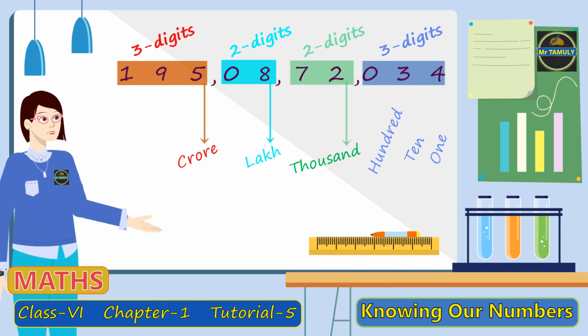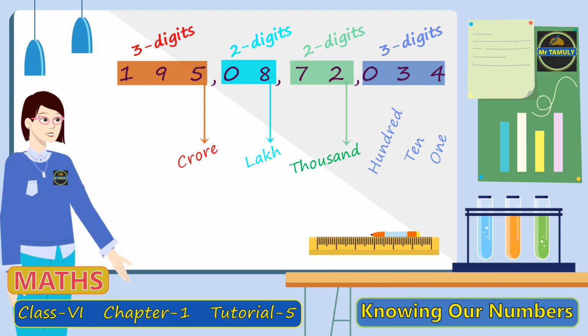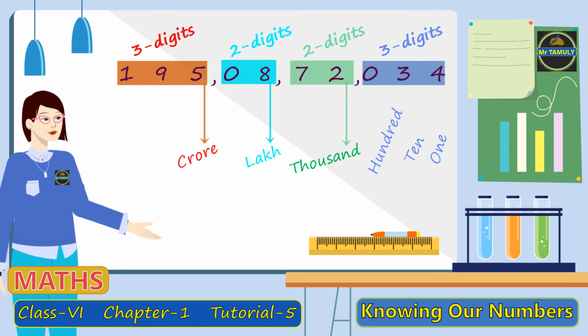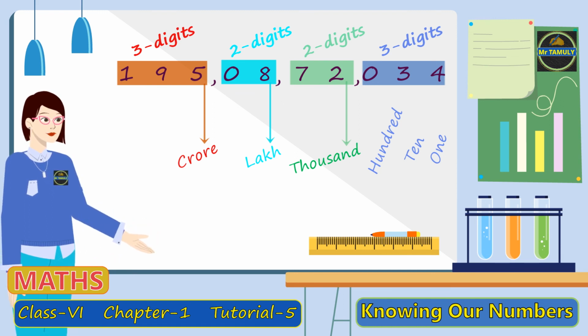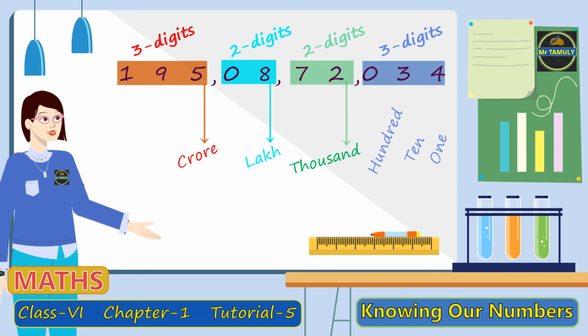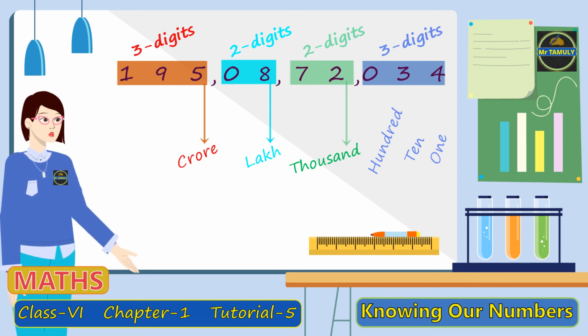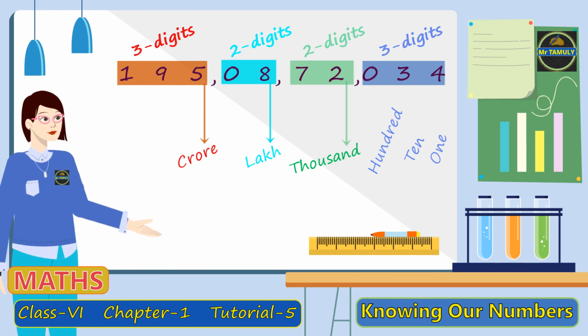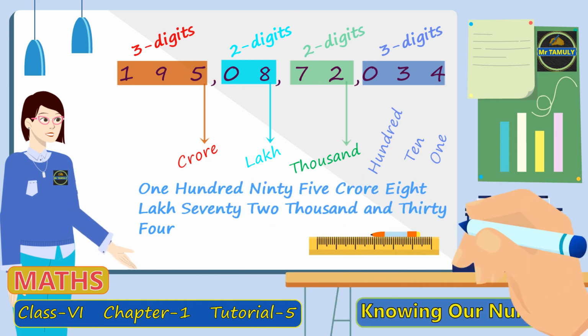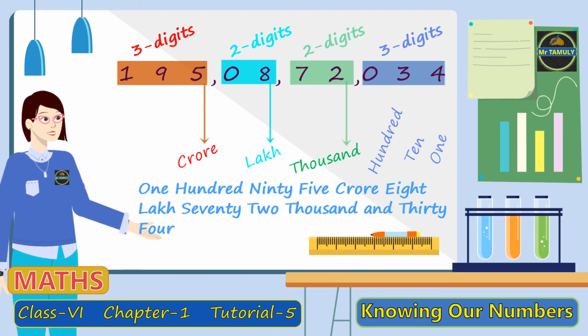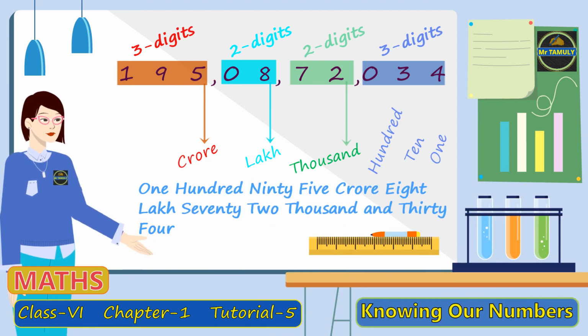I feel that for naming very large numbers, the international format makes more sense as against the Indian format. In any case, you should remember both the Indian sequence as well as the international sequence. I would suggest that you should solve a lot of practice examples, which will aid memorization of the sequences that I have explained here.